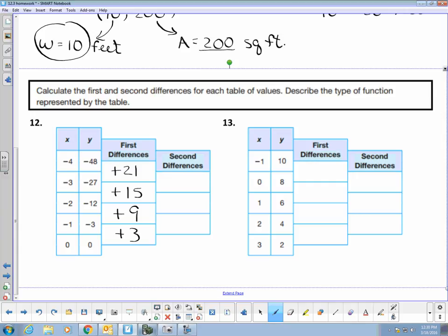For my second differences, from 21 to 15, I'm going down by 6. From 15 down to 9, down by 6. And from 9 down to 3, going down by 6. So what this tells me is if my first differences are different and my second differences are the same, then I have a quadratic function.